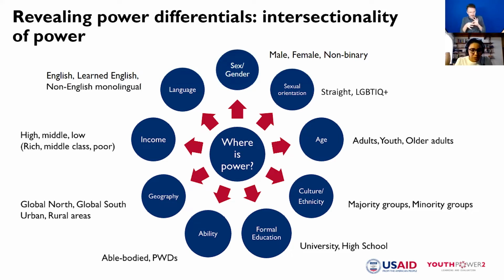All the categories that are listed in this circle are sources of power that put us in unique positions. For example, I know that my experience as a woman is different than a man's, but also my experience is not the same for all young women in Guatemala. Remember that each of our personal identities can power us up or they can power us down.